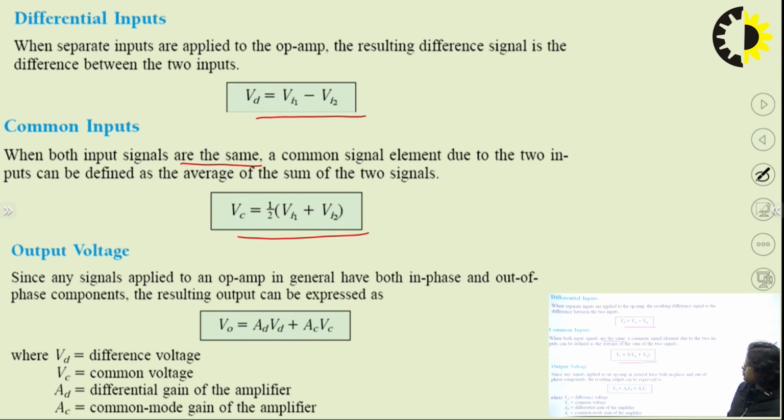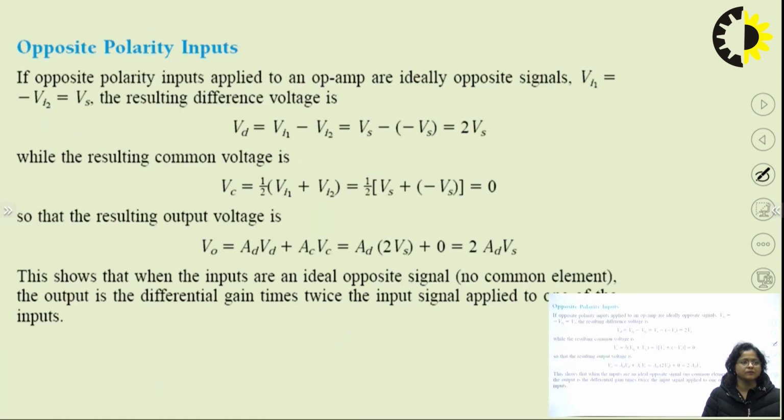So the output signal consists of two components: output due to the differential signal and output due to the common signal. Ideally the common mode value is 0 and the output is nothing but AD into VD, but practically a small amount of common mode signal exists, and hence the overall output of the op-amp is AD·VD plus AC·VC, where AD is the differential gain, AC is the common mode gain, VD is the differential voltage at the input of the amplifier, and VC is the common voltage at the input of the amplifier.